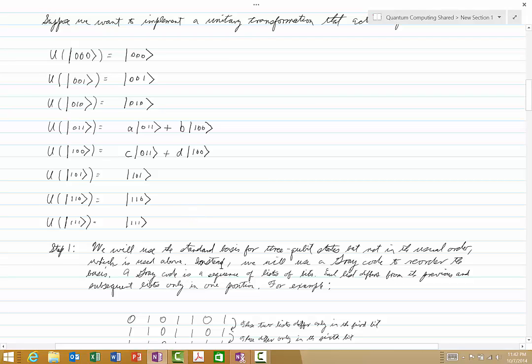Instead we will use a Gray code to reorder the basis. Now, a Gray code is a sequence of lists of bits, where each list differs from the previous and subsequent lists in only one position. Here's an example of what we mean.